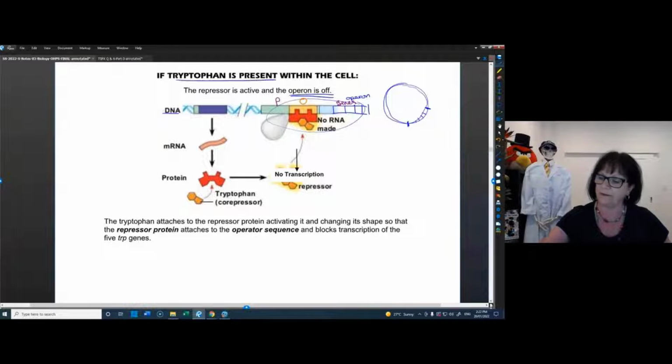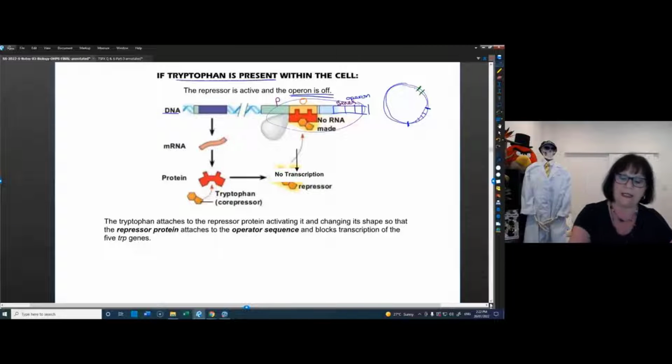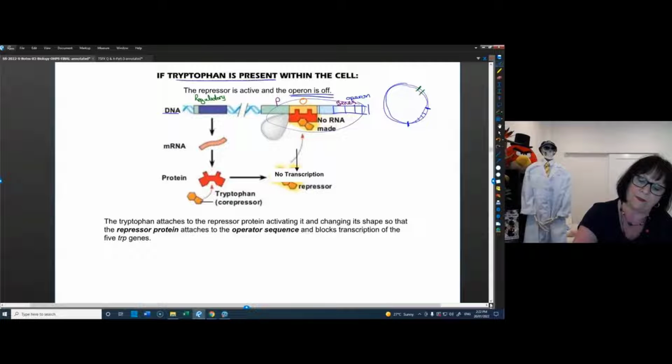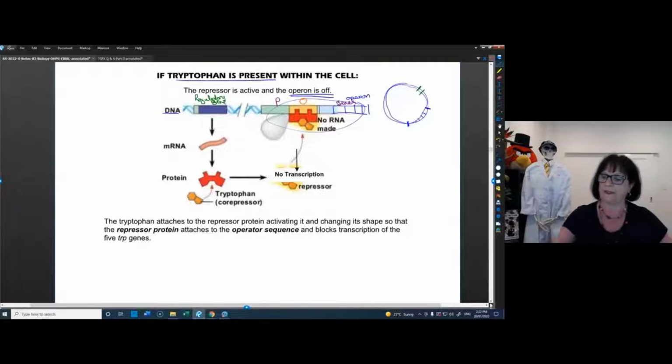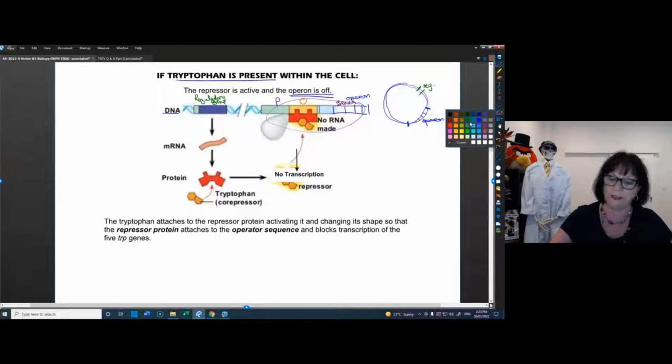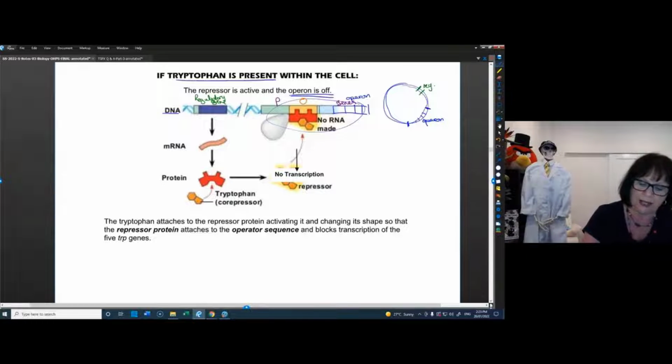Now, elsewhere, let's say here on the bacterial DNA, is the regulatory gene, which is this one here. So the regulatory gene is a code for a protein, and the protein it codes for is called a repressor protein.